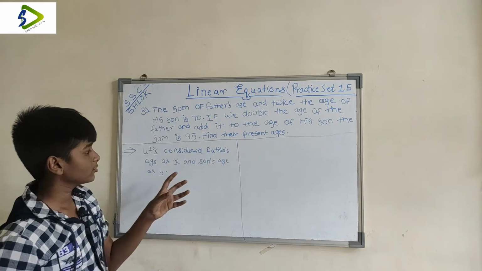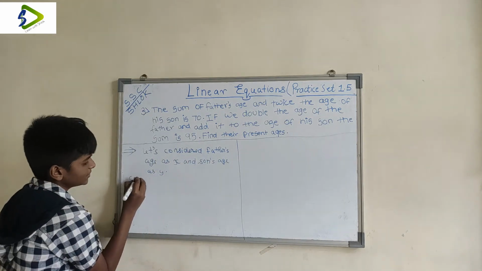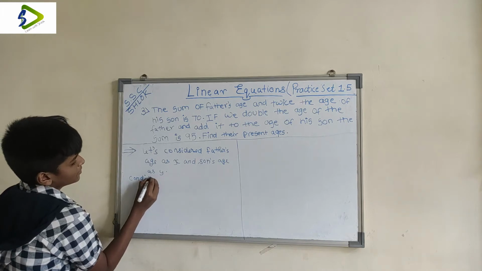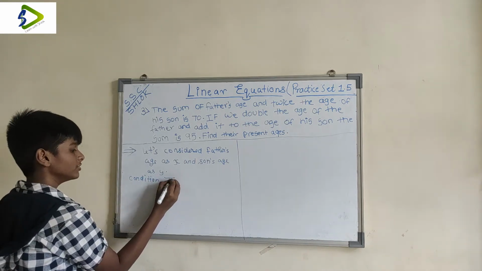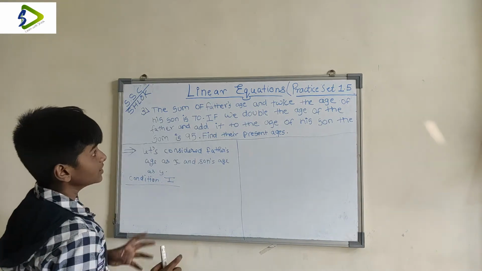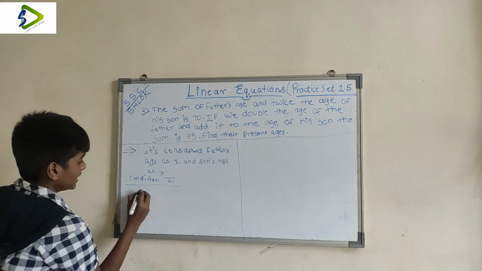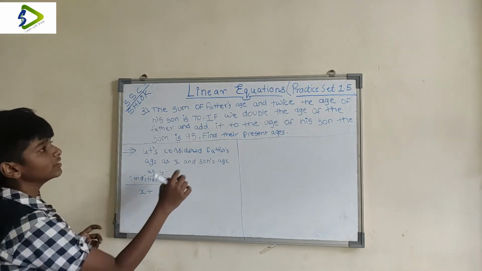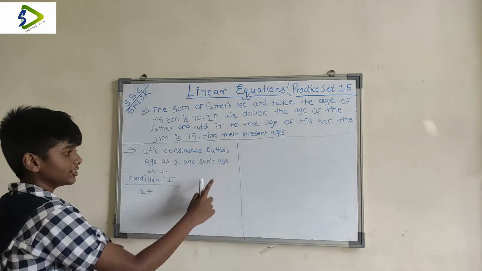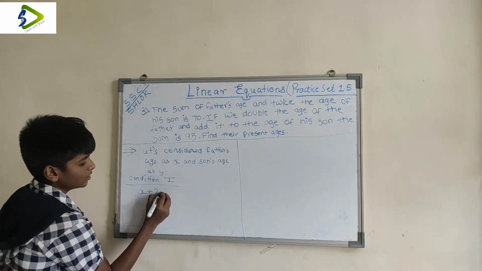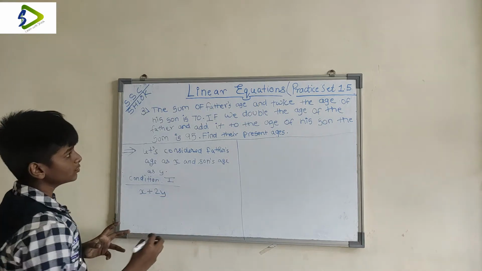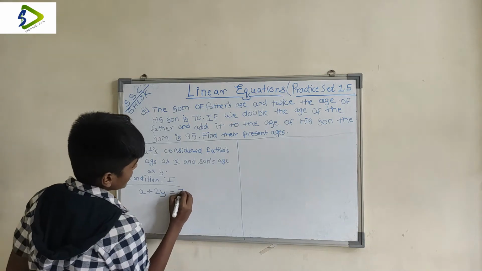Now what? Let's look at the first condition. So the first condition given to us, that is the sum of father's age, that is x. They are saying that x plus twice the age of his son. The age of his son is y, and twice means 2y. So x plus 2y they are saying is 70.